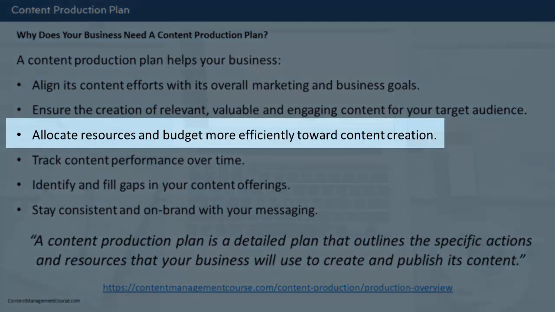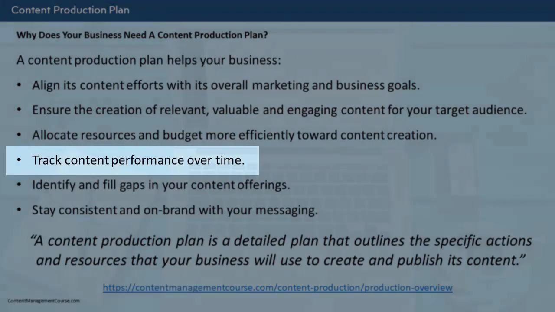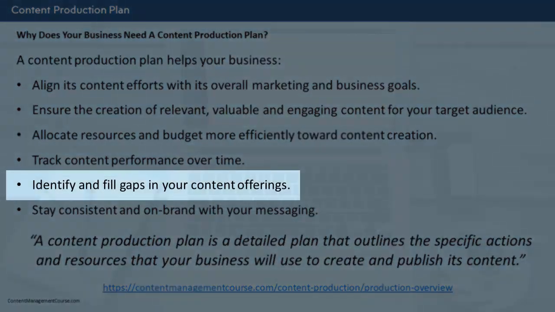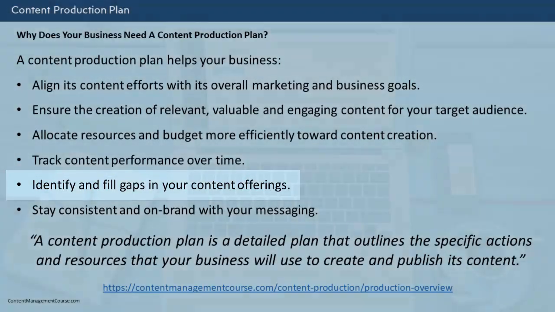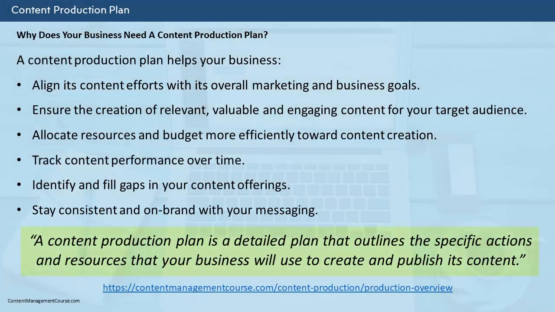It helps you allocate resources and budget more efficiently towards content creation, helps you track content performance over time, helps you to identify and fill gaps in your content offerings, and it helps you to stay consistent and on brand with your messaging. So in short, a content production plan is a detailed plan that outlines the specific actions and resources that your business will use to create and publish content.